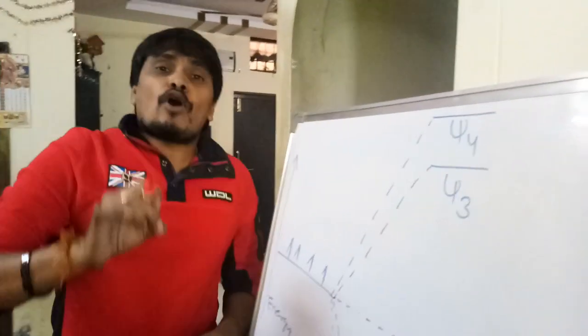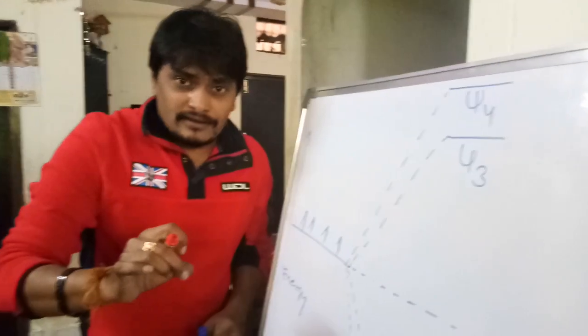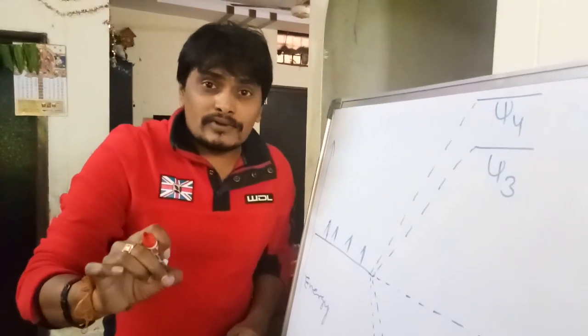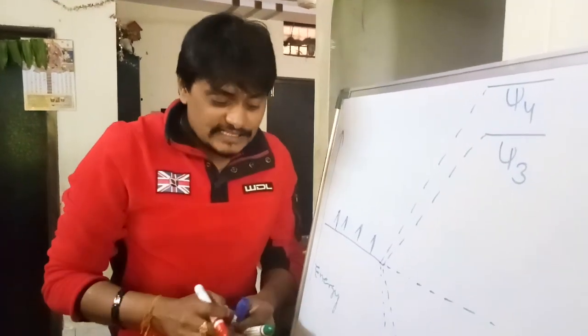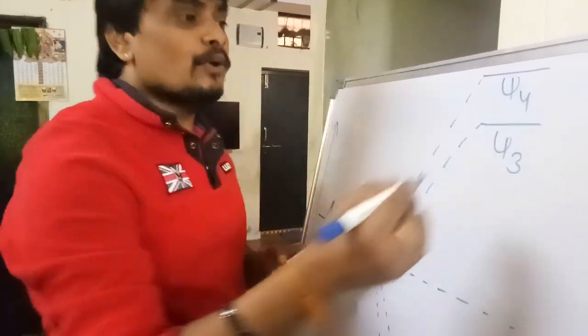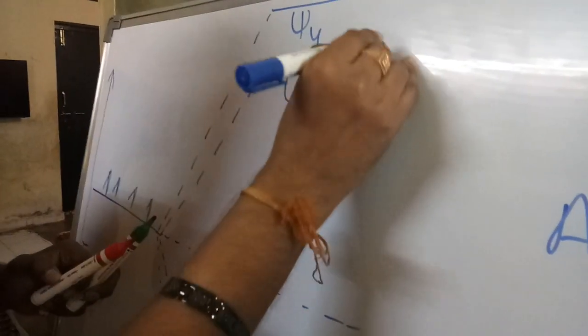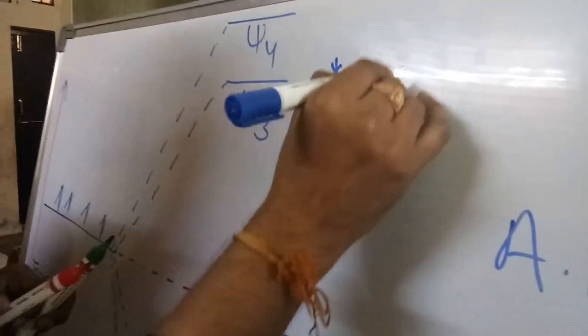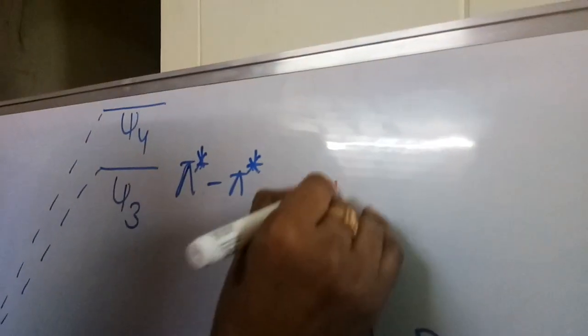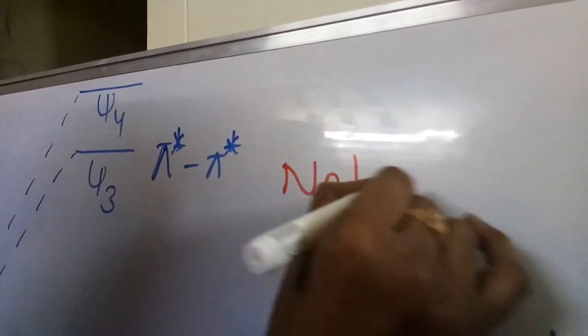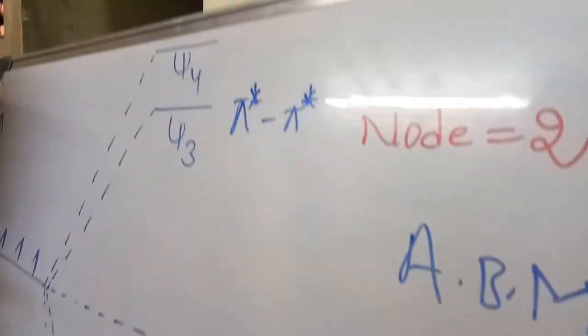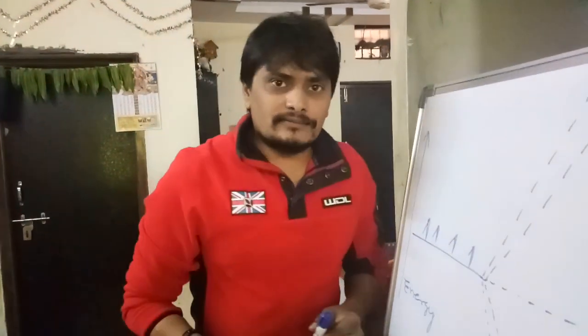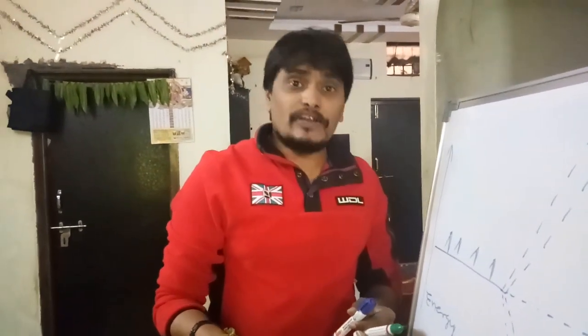Now what is the molecular orbital associated with the number of nodes 2? That is pi negative pi star. The number of nodes present in this is 2. And the last one, so definitely the number of nodes will be 3.